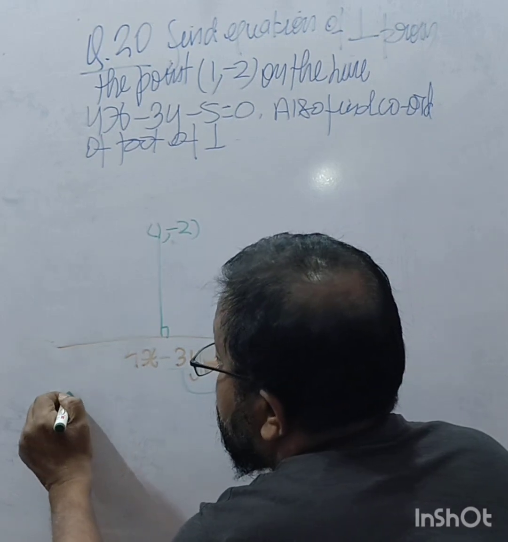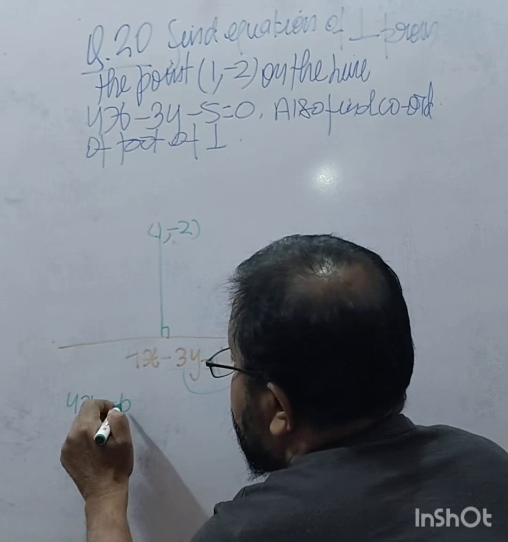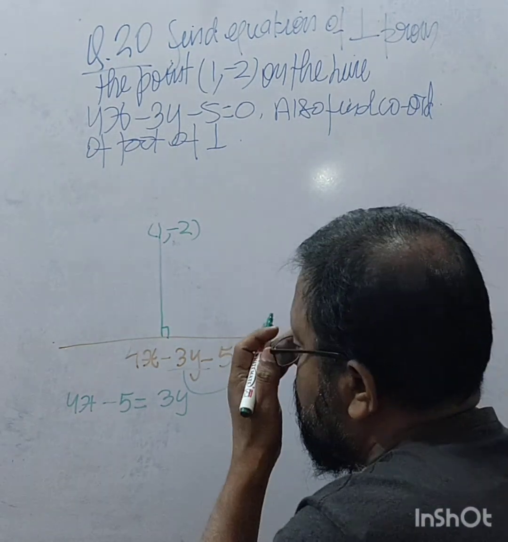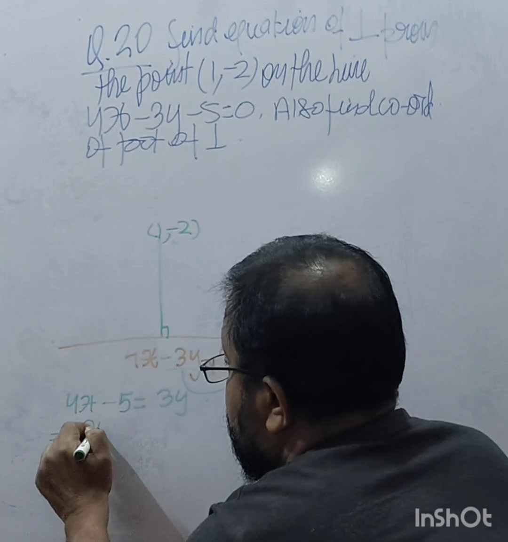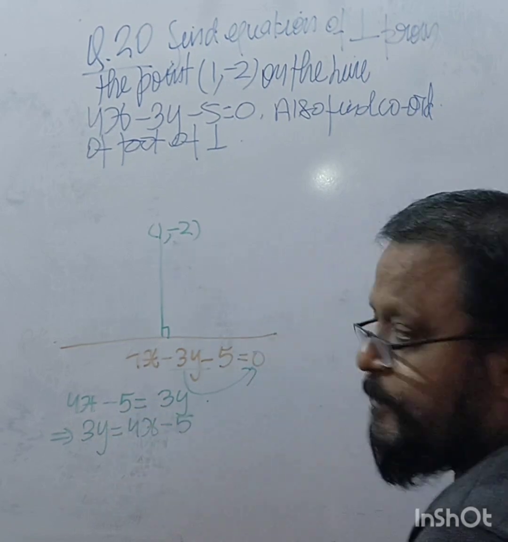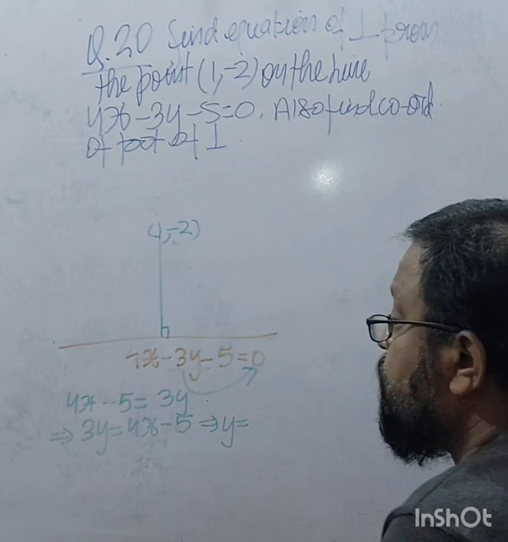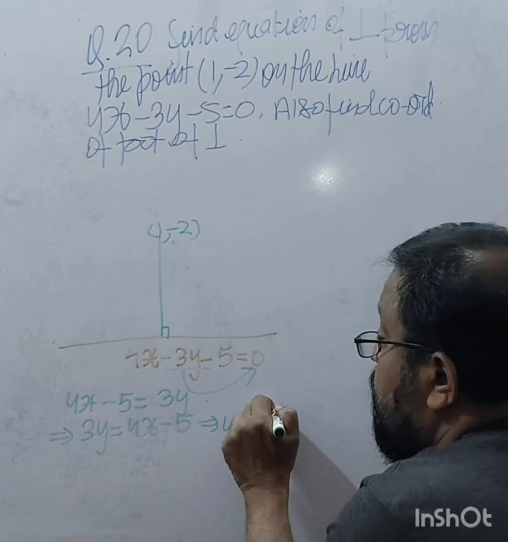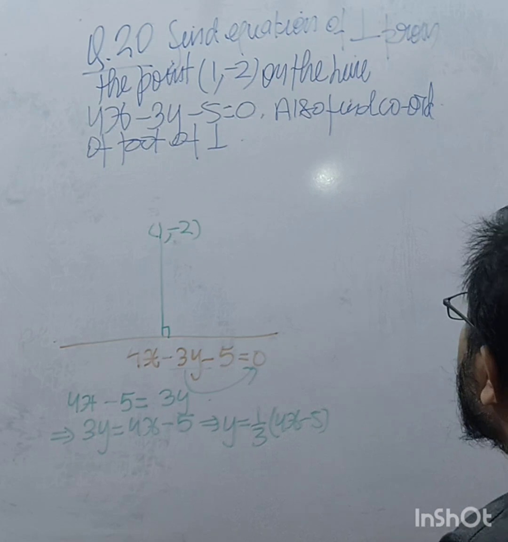So you can write 4x minus 5 is equal to 3y, or 3y is equal to 4x minus 5, or y is equal to 1/3 bracket 4x minus 5, right?